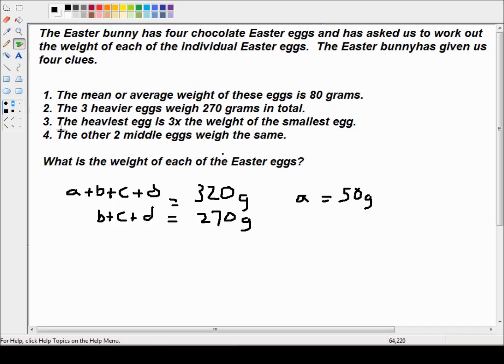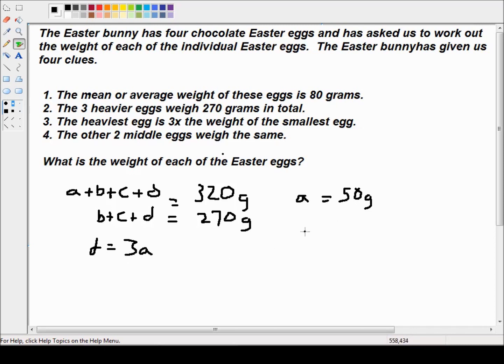So clue 3 says the heaviest egg is 3 times the weight of the smallest egg. Okay, so the heaviest, D, is equal to 3 times A. Well, that does help me a lot actually, because we know the value for A, which is 50 grams.